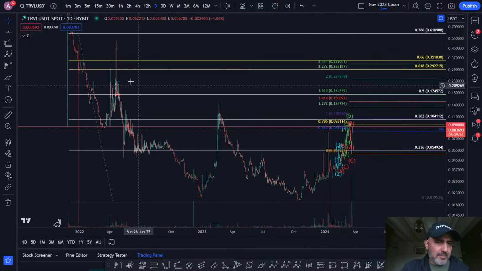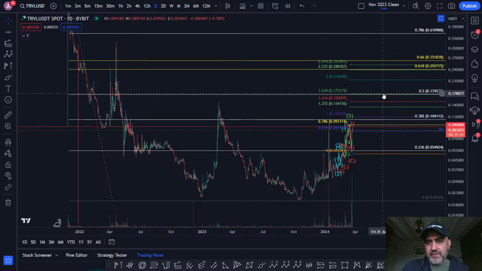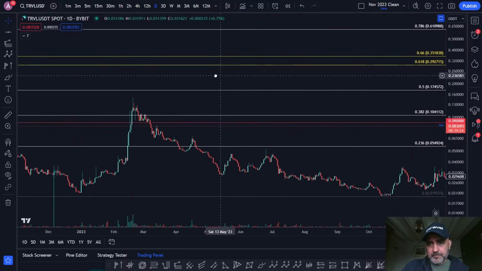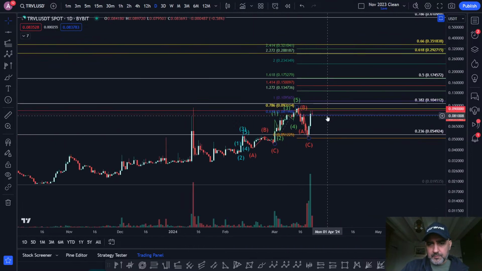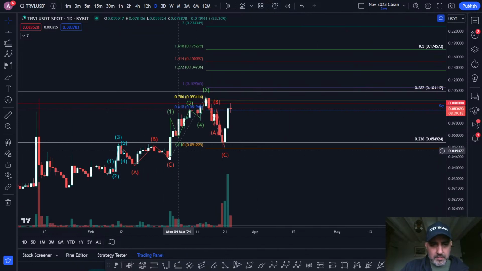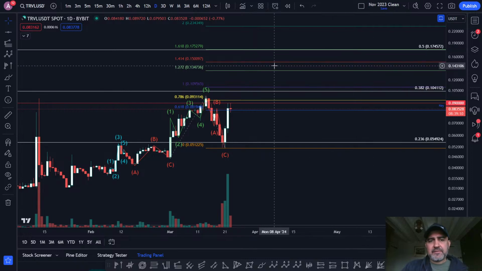We have a little bit of trapped liquidity, we have a trend-based fib at 1.618, and we've got this 50% mark on the higher time frame. So I am thinking there's going to be strong resistance at 17.5.